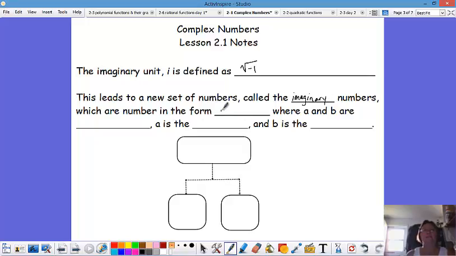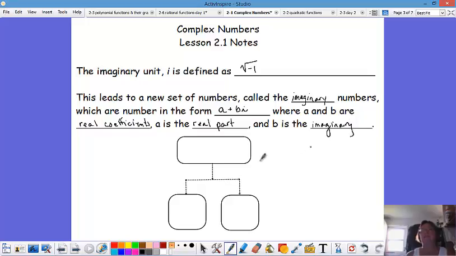Which are numbers in the form a plus bi, where a and b are real numbers, so they are real coefficients. a is called the real part, as our textbook puts it, and b is the imaginary part.